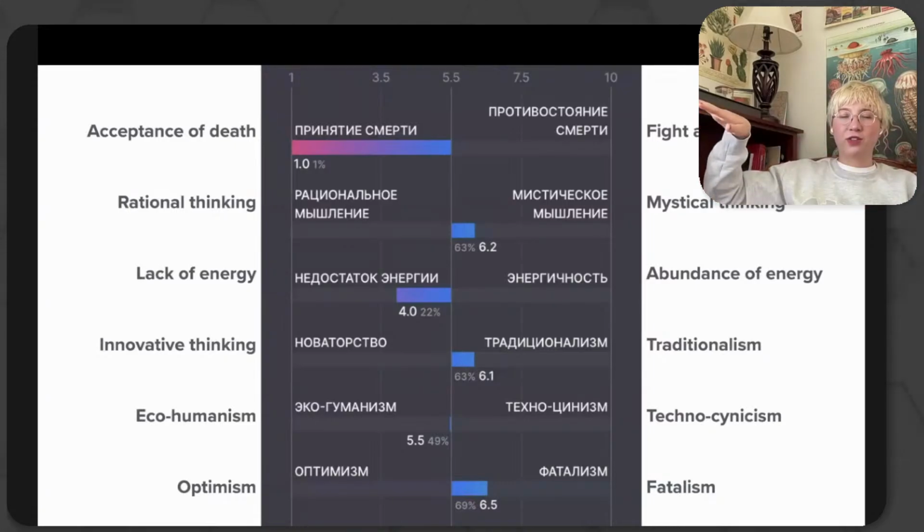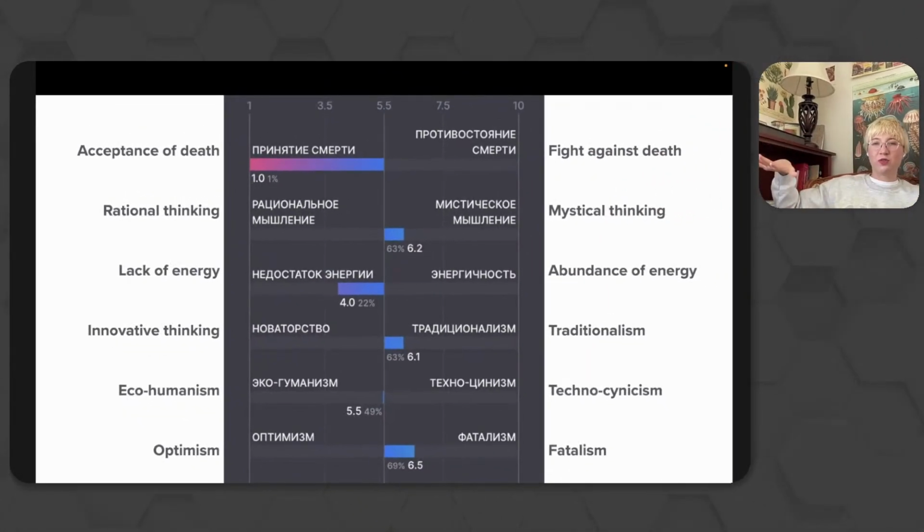People either tend to accept death or fight aging. They're either more rational-thinking or mystical-thinking. They either lack energy or have an abundance of energy. That's a very interesting axis that we've seen. So we ask people a bunch of questions, like: do you run your own experiment right now? How much are you involved in your project? Do you feel energized?